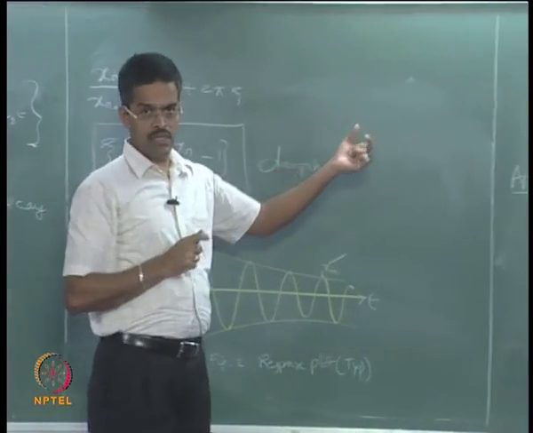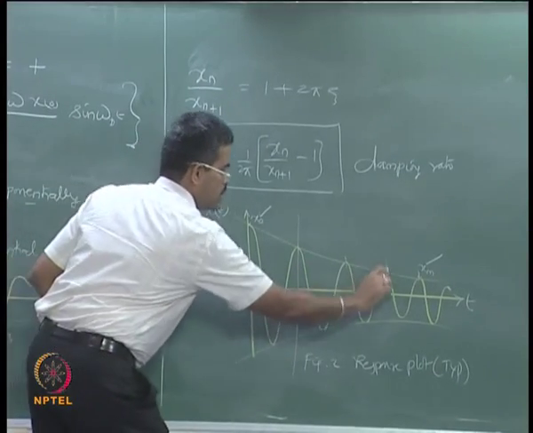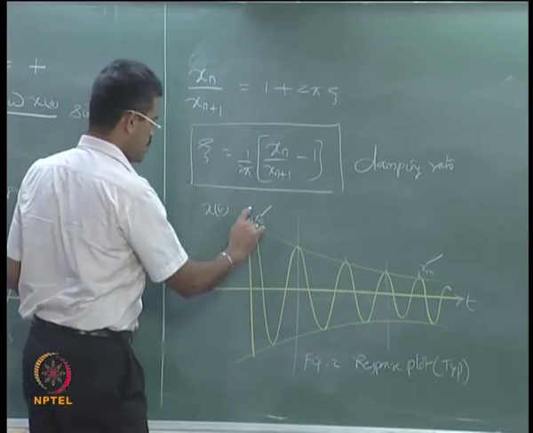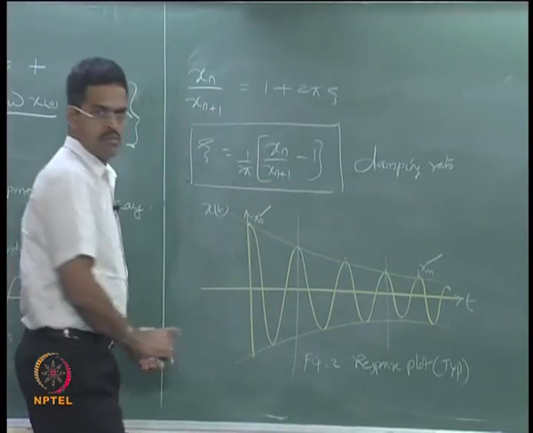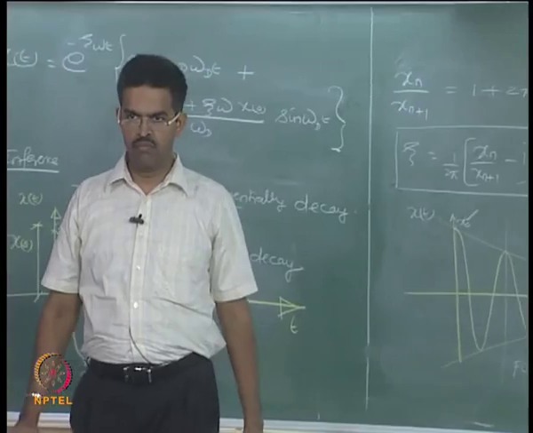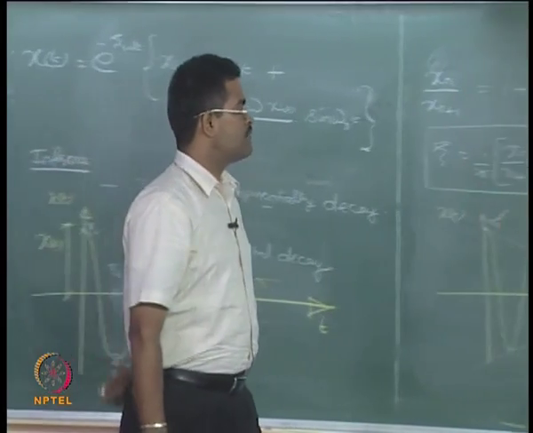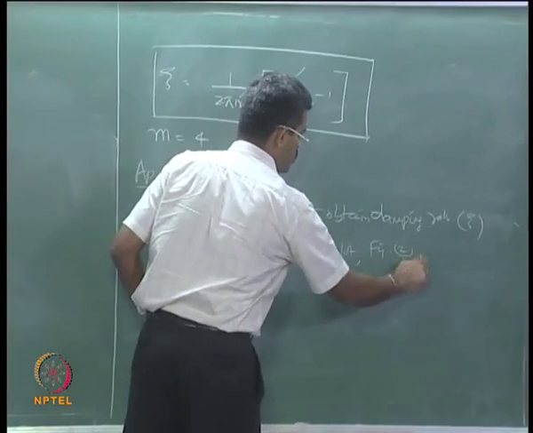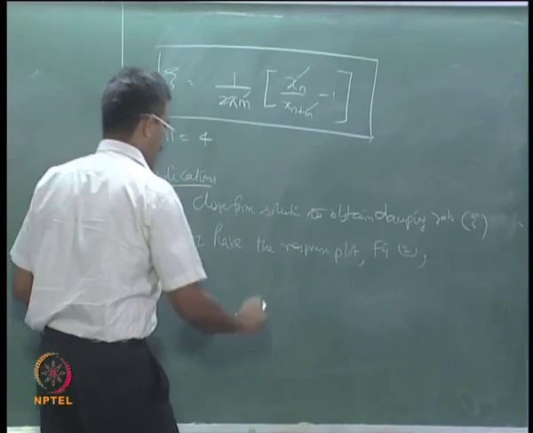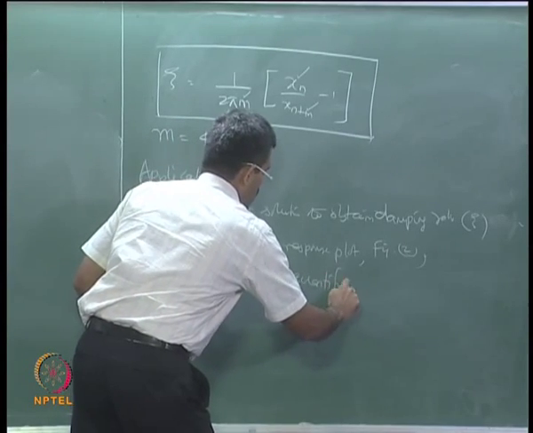I can also check this zeta by picking this value with this, picking this value with this, it will be uniform. Now, what is the advantage of this? Once I have the response plot as shown in figure 2, I can find zeta, what I call quantify zeta.